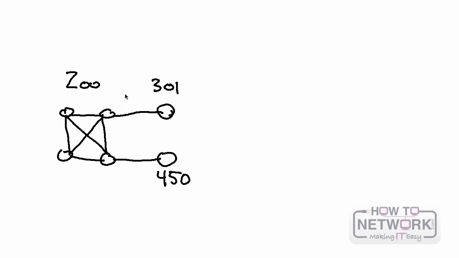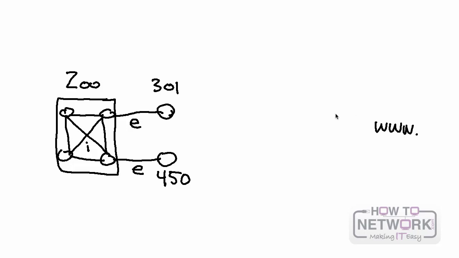Now, between ourselves and our providers, we are running eBGP because it's 2 different ASs. And internally, we are running iBGP because we are communicating within the same AS. Now, configuration between iBGP and eBGP is quite similar. The main difference is you're choosing to communicate with the same AS or a different AS.